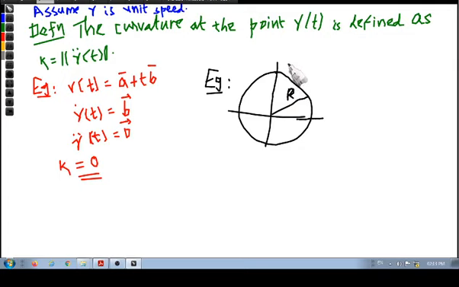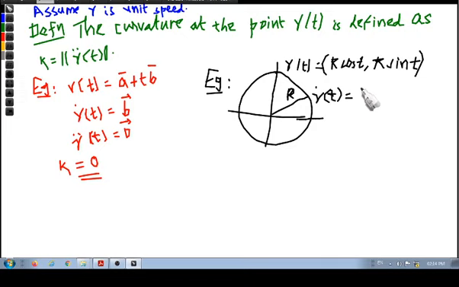Gamma of t equal to r cos t, r sin t. What is gamma dot, the velocity? Velocity is equal to minus r sin t.